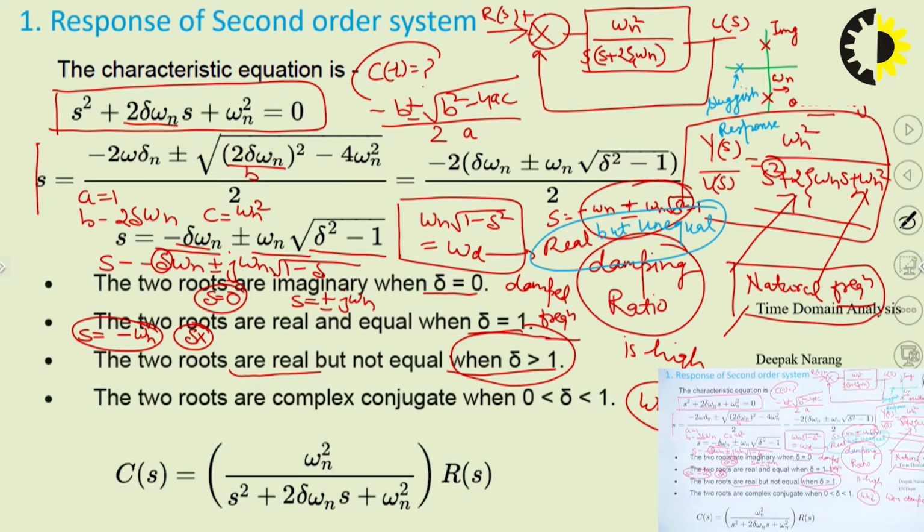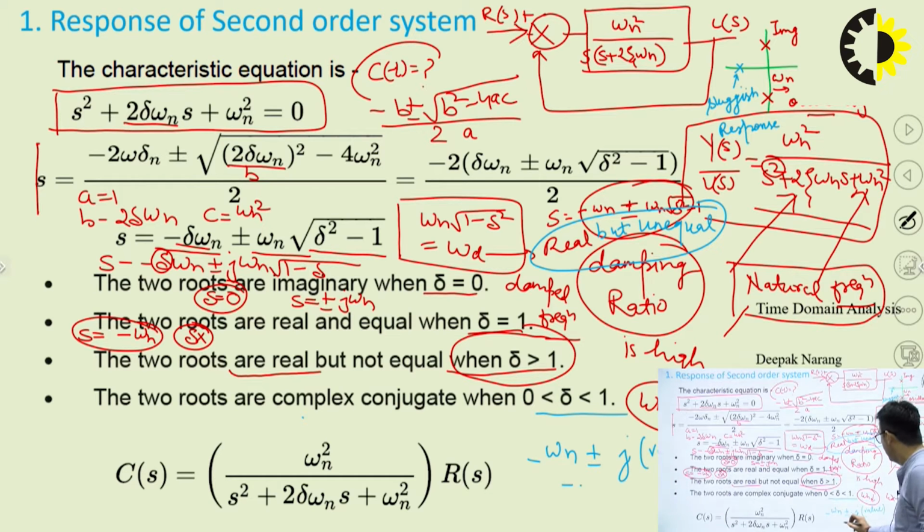System will have a sluggish response, and when delta is less than 1, we have roots as minus omega n plus minus j of some value.